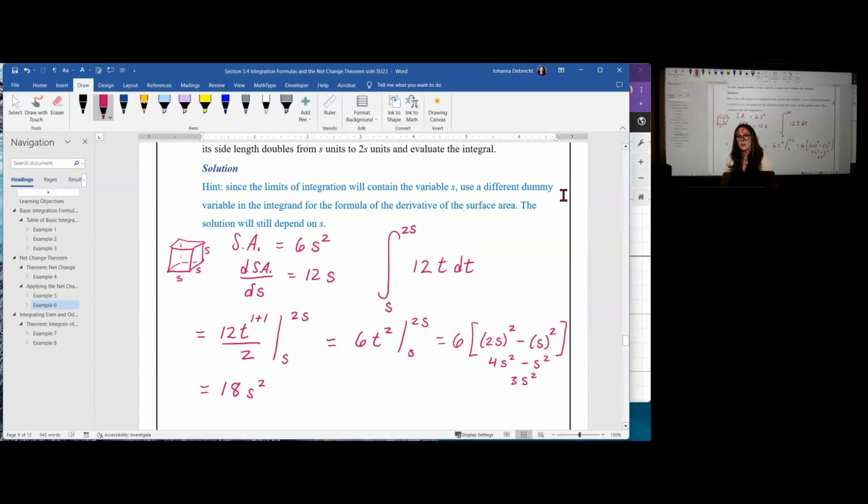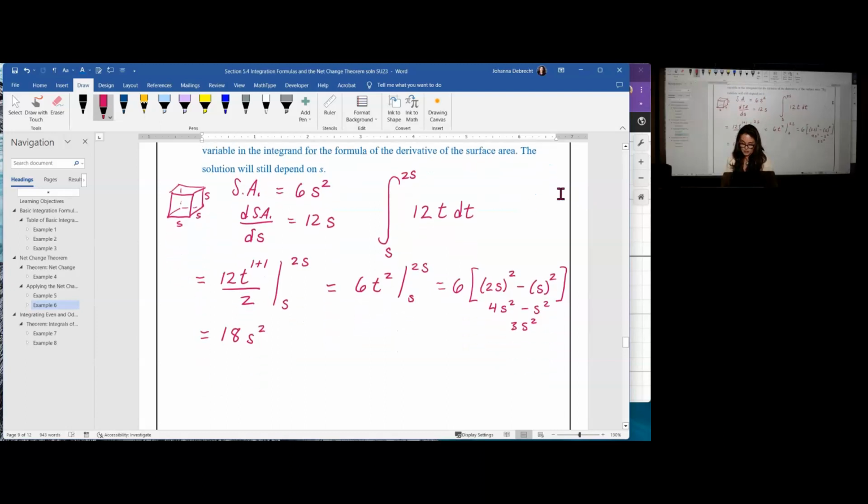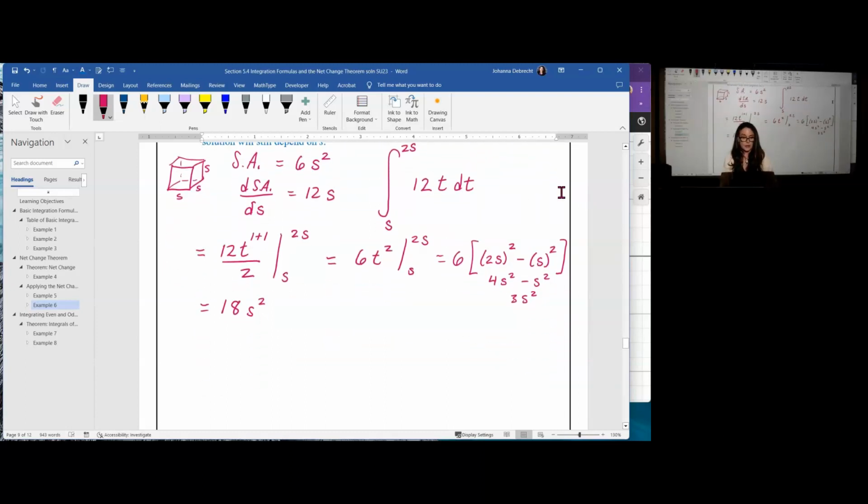Let's think about what happens if we have actually changed the cube. Let's go ahead and imagine our original cube, which is here. If we're finding the surface area, we know the surface area is 6s squared. We've already calculated that.